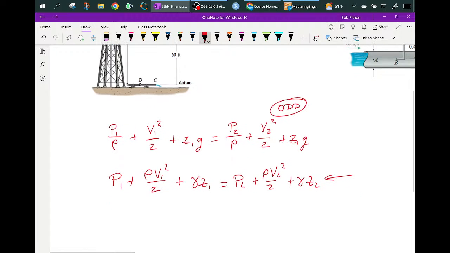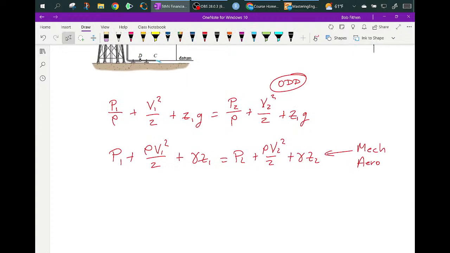This is what mechanicals like more, and aerospace people like more. What civils like is they like to divide this entire equation by gamma, not by rho, but by gamma.